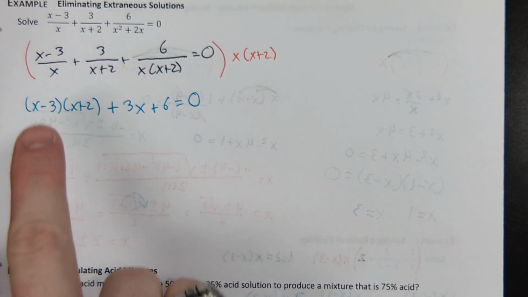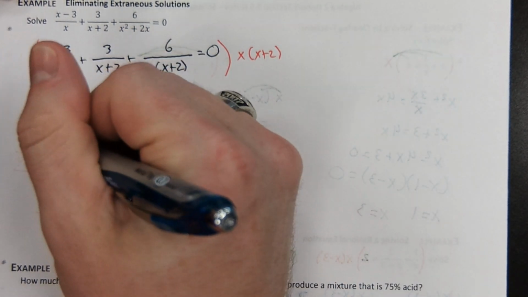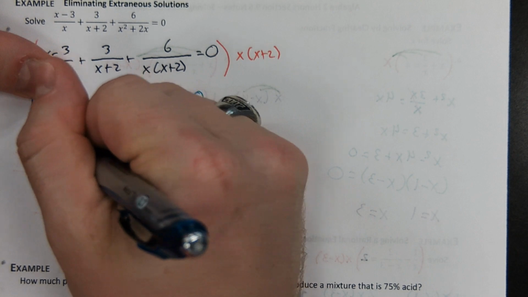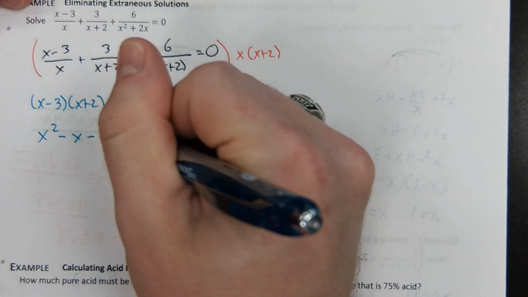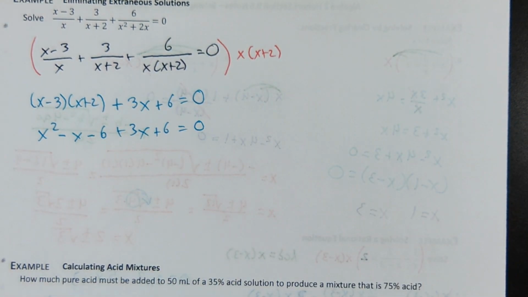Distribution. Do the foiling process right there. X squared. Negative 3 and 2 adds to negative 1. Negative 3 and 2 multiplies to negative 6. Wait a minute.